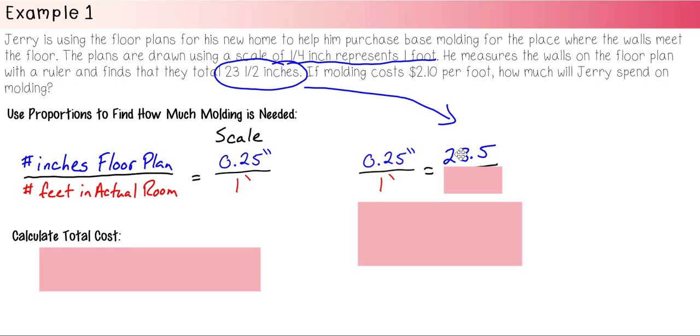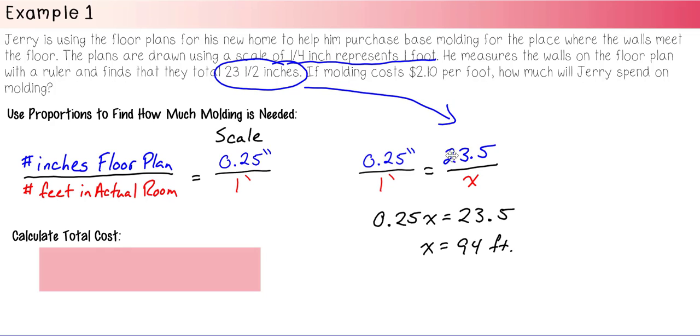And what we're looking for is how many feet, and that would be our X. And then we would just solve it using cross multiplication. So you would multiply the 0.25 times X and the 1 times 23.5, solve for X, and the amount that he will need in molding is 94 feet.